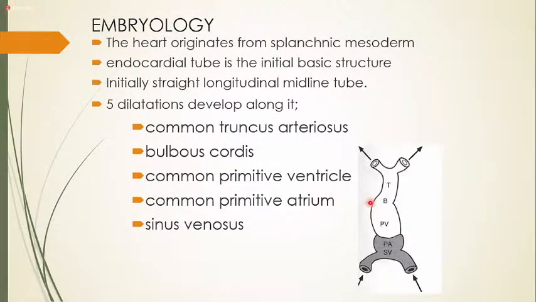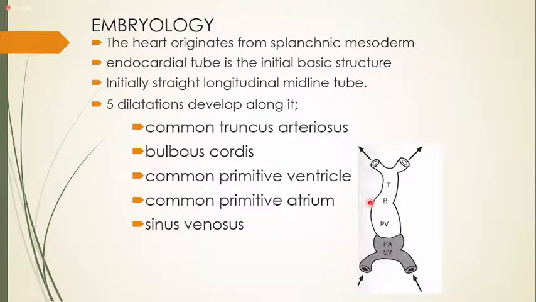So the heart originates from the splanchnic mesoderm. The endocardial tube is the initial basic structure. Initially, it's a straight longitudinal midline tube, but then 5 dilatations occur along that tube. And these include the common truncus arteriosus, the bulbus cordis, the common primitive ventricle, the common primitive atrium, and the sinus venosus.